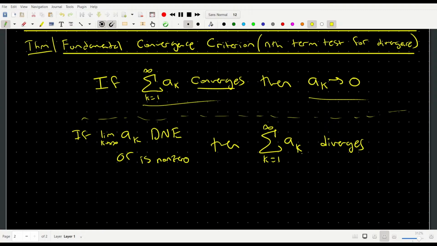It must diverge. This is a logically equivalent statement to the previous statement of the theorem. This is what is sometimes called the nth term test for divergence. And this will become clear after I do an example right now.